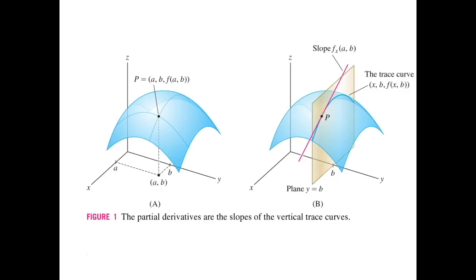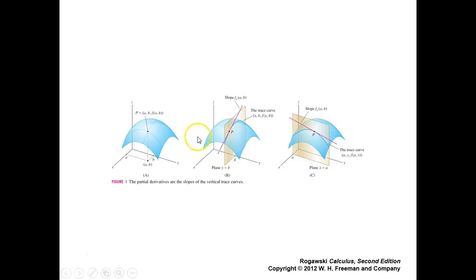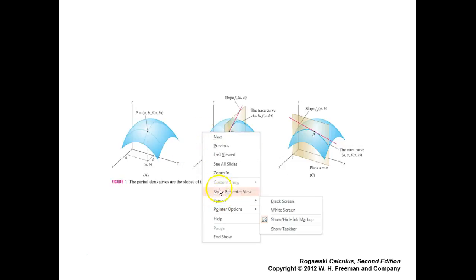That trace curve for y equal b of that surface, you take the partial of that with respect to x, and evaluate that at a. That would be the slope of that line. Okay? So there's the partial derivative of your function with respect to x when y is held constant at value b. Oh, yuck, I did that again. Keep hitting the wrong one.